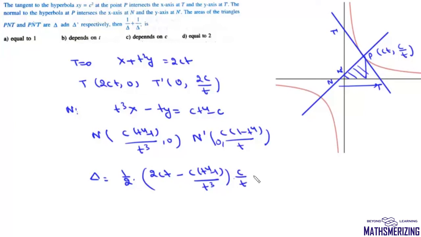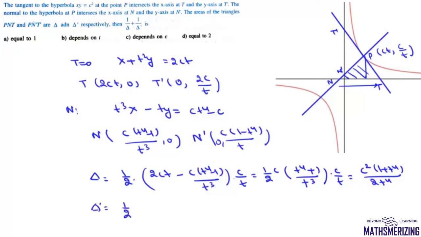Now we can take c common. So it will be 1 by 2 c, and here it will be 2t to the power 4 minus t to the power 4, so it will be simply t to the power 4 plus 1 upon t cube into c by t. So this result will be c square (1 plus t to the power 4) upon 2t to the power 4.